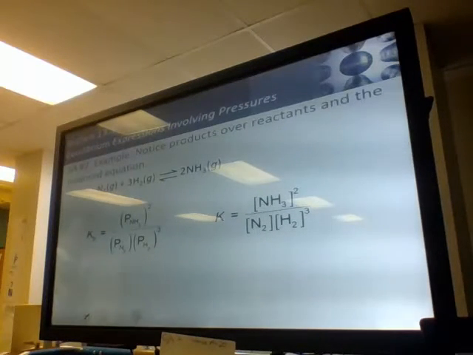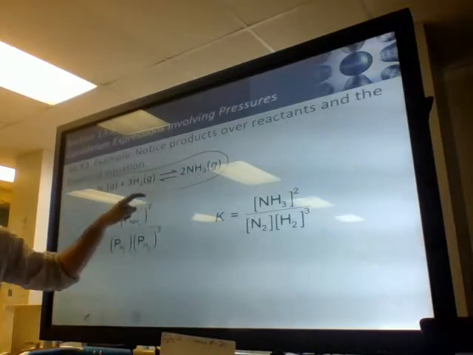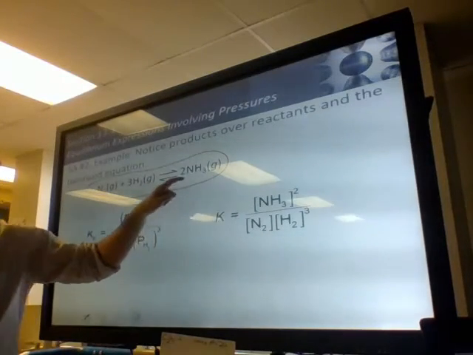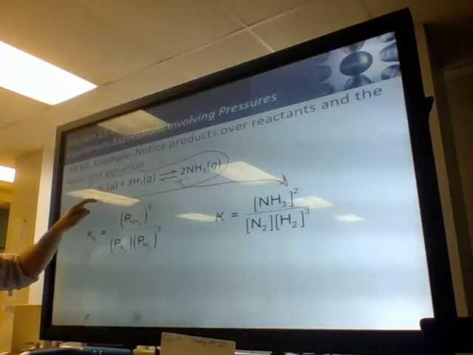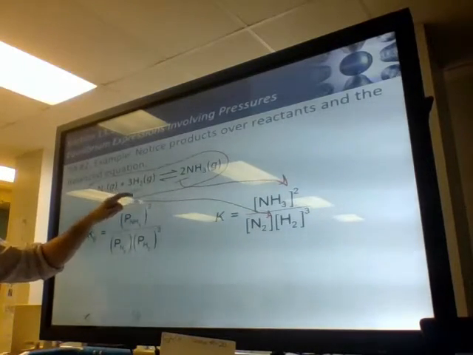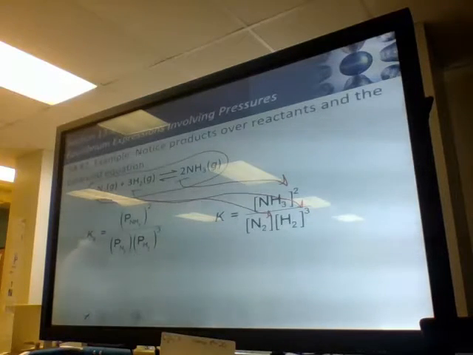The K coefficient, the equilibrium coefficient for this reaction. As simple as K equals products, NH3, you have a 2 there, that goes there, N2, 1, so nothing, H2, 3 there. Simple enough? Right.